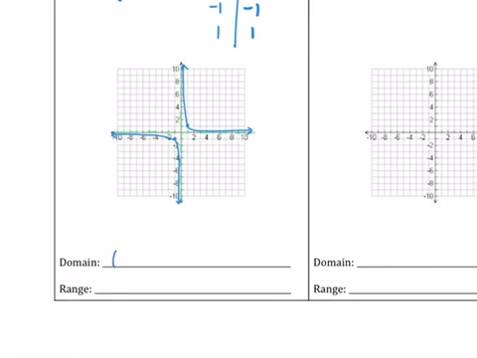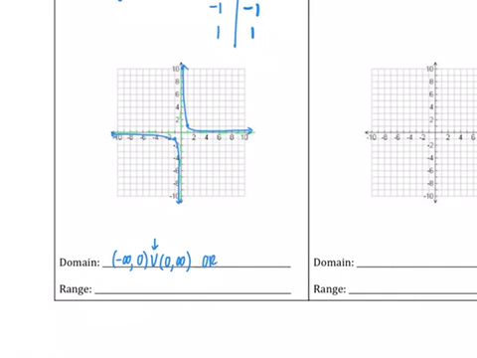So looking at the domain, there's going to be 2 parts to our domain. You can write this a couple of ways. So we could say -infinity, and then we stop at 0, so left to right, and then again from 0 to infinity. And we've seen this notation before. This means like and.